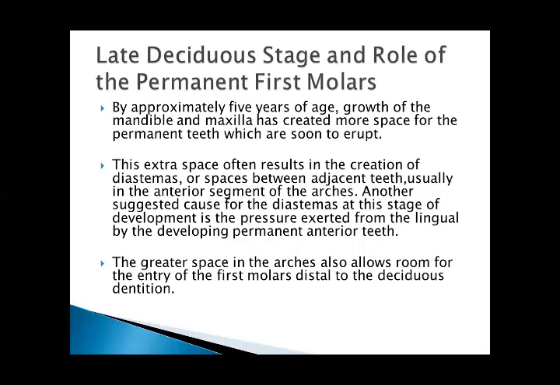Another suggested cause for the diastemas at this stage of development is the pressure exerted from the lingual by the developing permanent anterior teeth. The greater space in the arches also allows room for the entry of the first molars distal to the deciduous dentition.